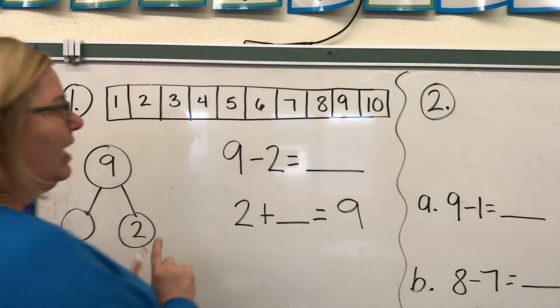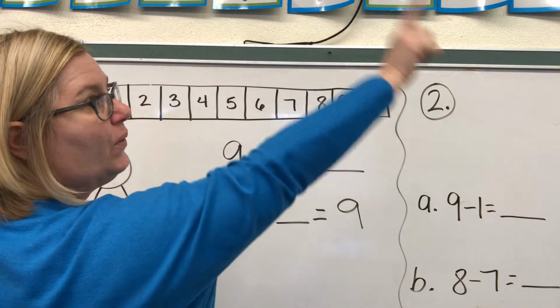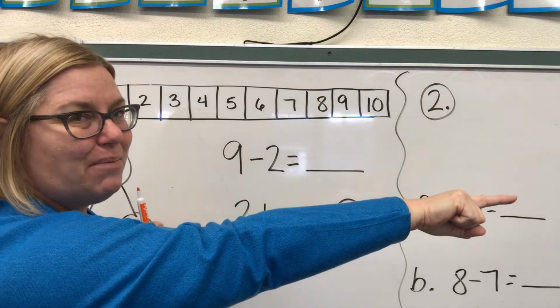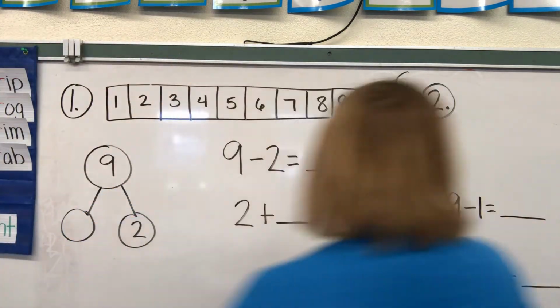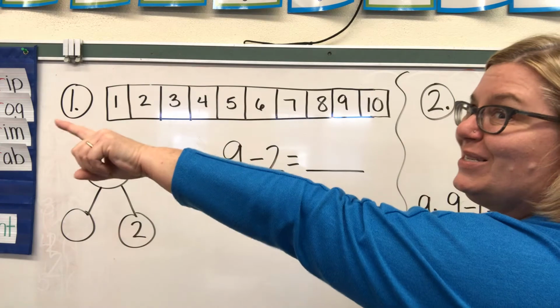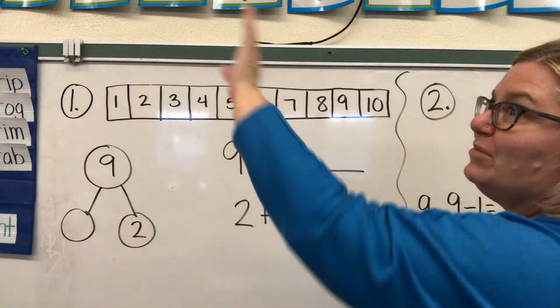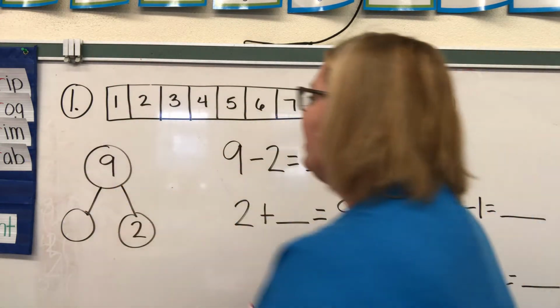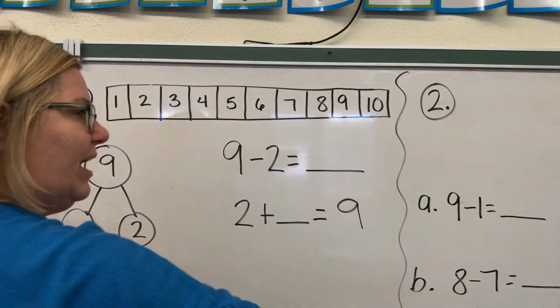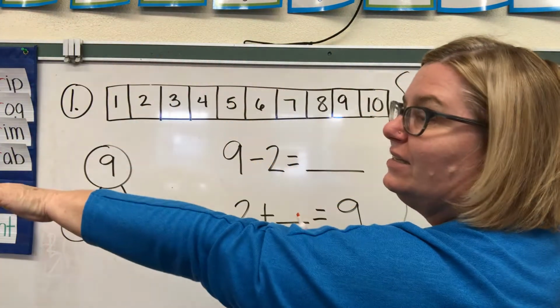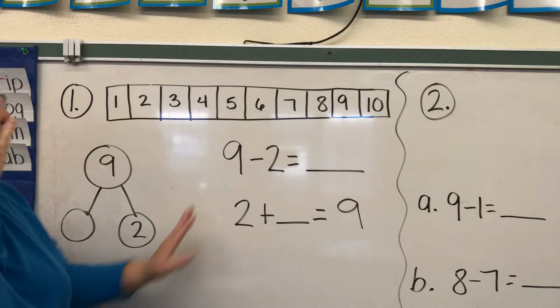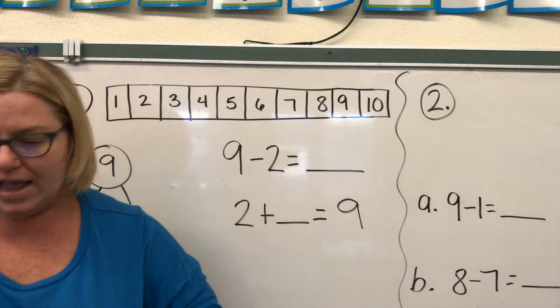When I'm counting on, I'm going to go this way. My numbers are going to get bigger. When I'm counting back, I'm going to go this way on my number path, and my numbers are going to get smaller. Counting on, bigger. Counting back, smaller. So we're going to practice the counting back right now.